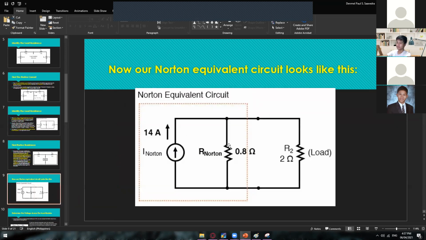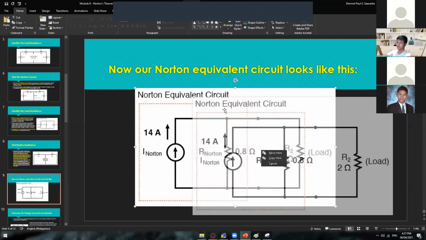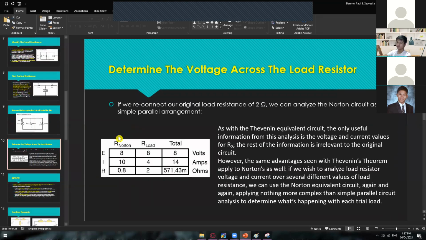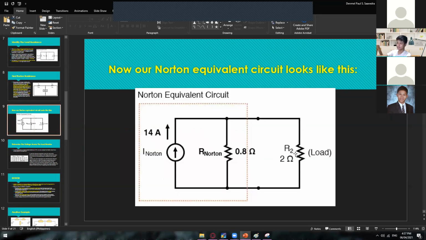Once you have solved the Norton's resistance and the Norton's current, you can now form this circuit, the equivalent circuit for the Norton. The next thing you need to do is find the voltage across the resistance.